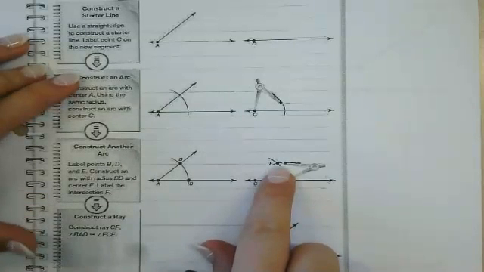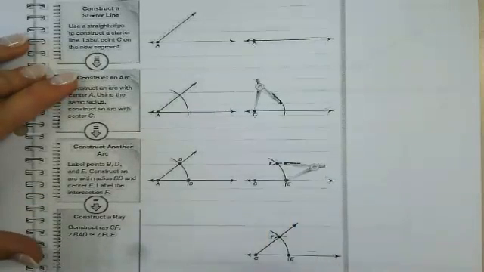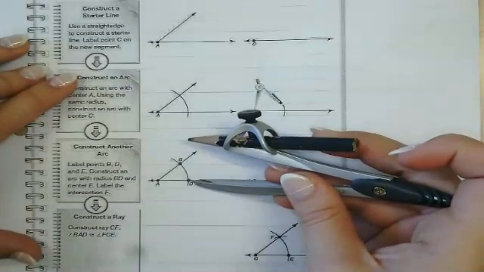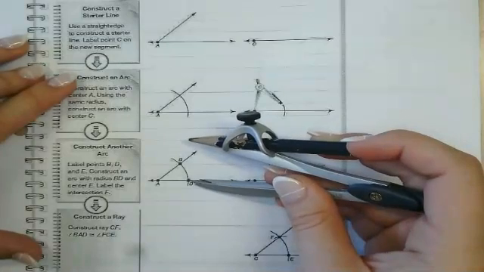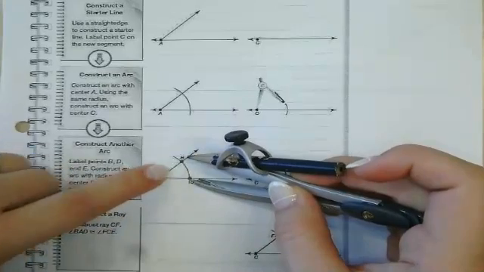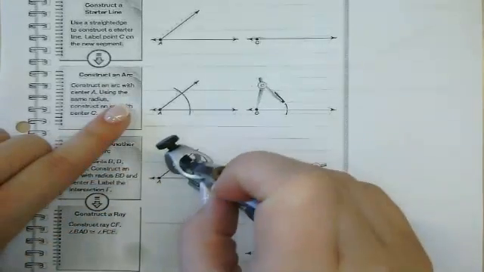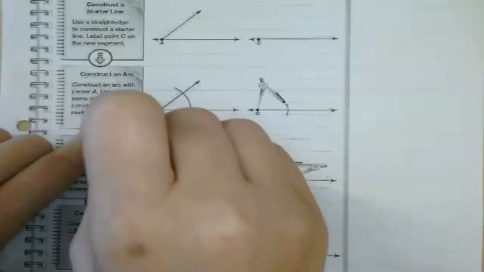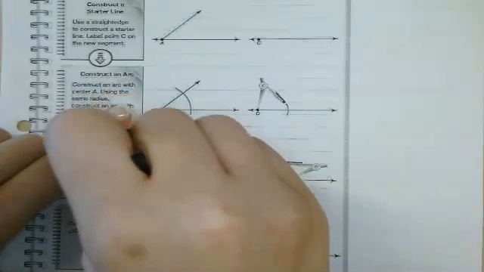Now, in order to get point F, you take your compass and put the pointed end where that arc intersected the line here on the bottom, and the pencil end where that arc intersected the other line segment. And you draw some small arc on the original segment.